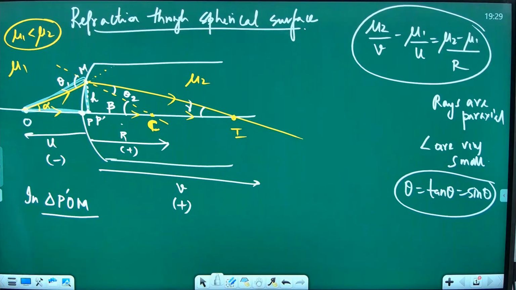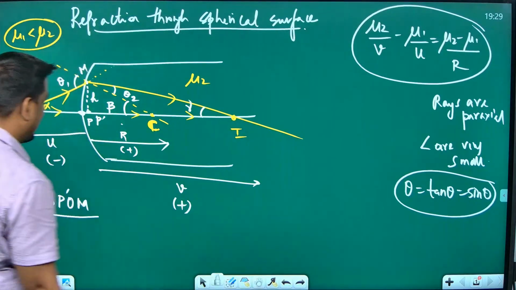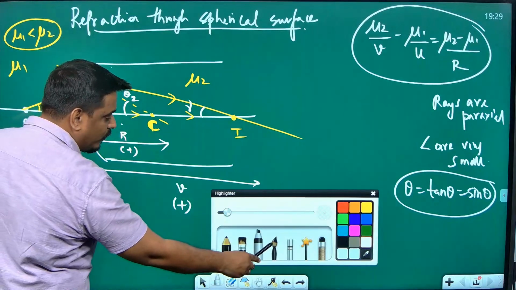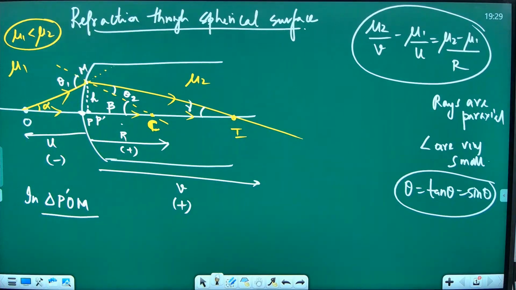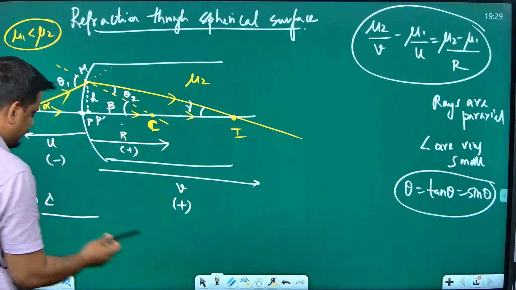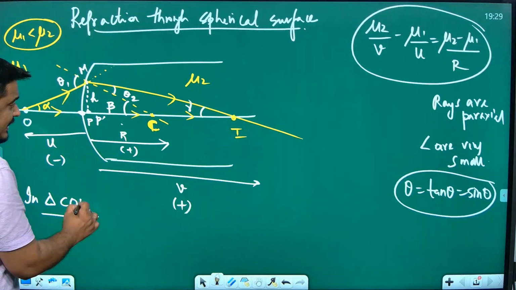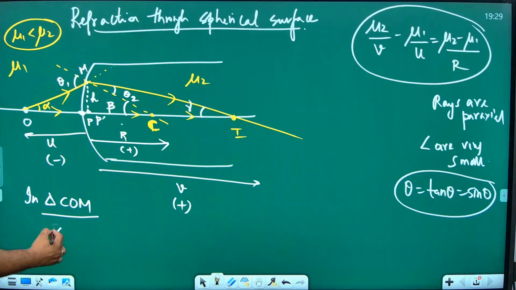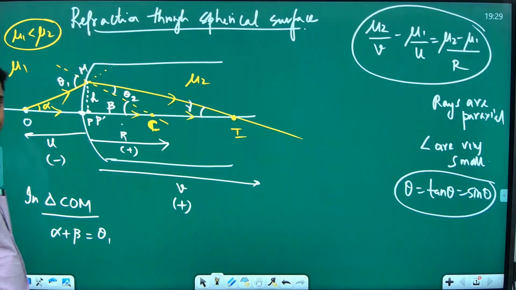Understanding now? So, this triangle, I am interested in finding... why POM? I can take COM, that will be easier. If I take COM, I can write alpha plus beta equals theta 1, isn't it?